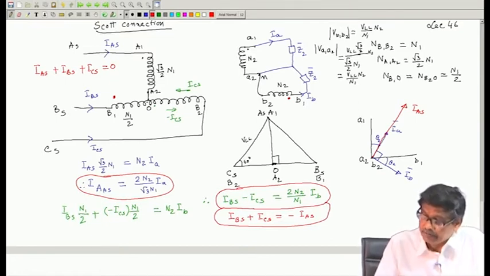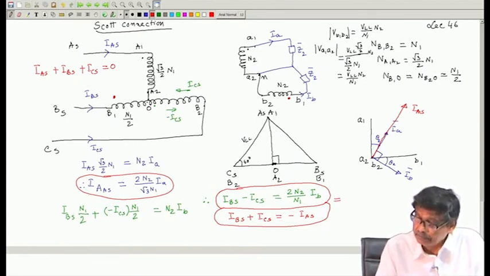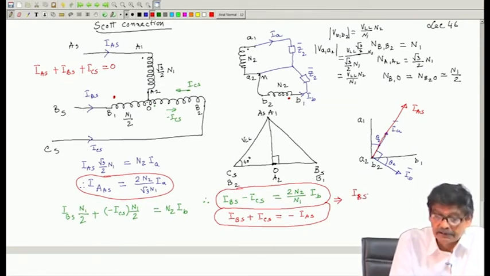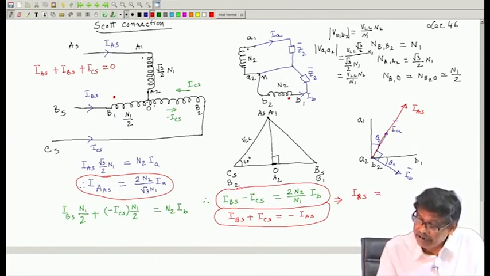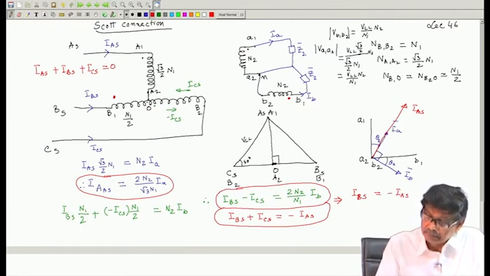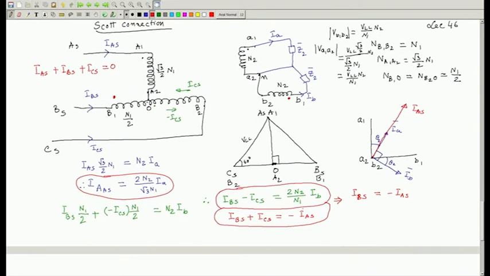So, add them and divide by 2. The supply current on the 3 phase side in the B phase, 2 I_BS, if you add them, is minus I_AS plus 2 N2 by N1 into I_B, divided by 2.